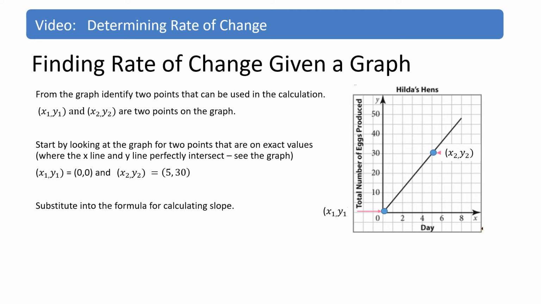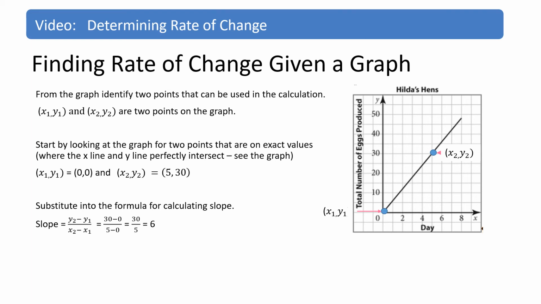Substitute into the formula for calculating slopes. So we will now write slope equals y2 minus y1 divided by x2 minus x1, which is equal to 30 minus 0 over 5 minus 0.